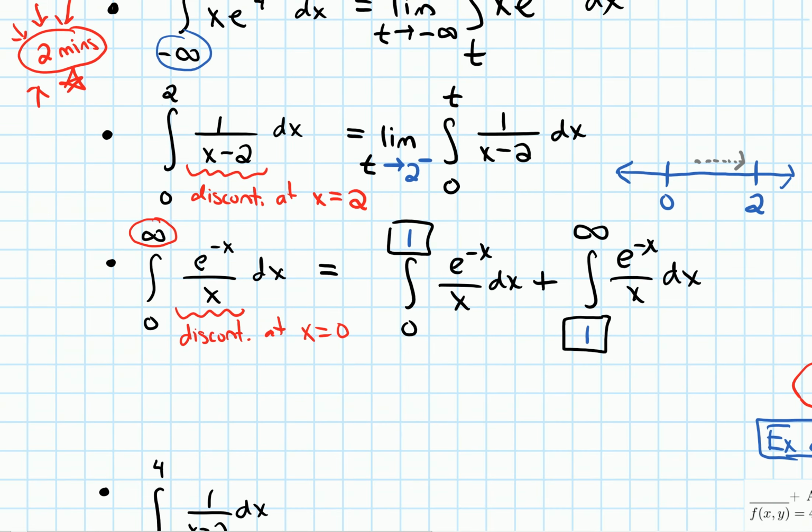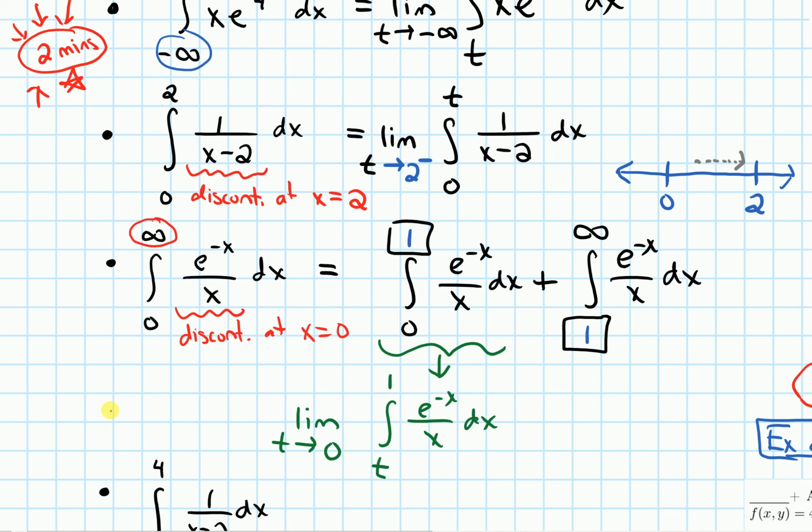Let me write one of these integrals as a limit, and I'll leave the other one for you to try. For this first integral from 0 to 1, what's making it improper is the 0. So I would replace that with a t. Then I have a 1 up here, e to the negative x over x dx, and we take the limit as t approaches 0.